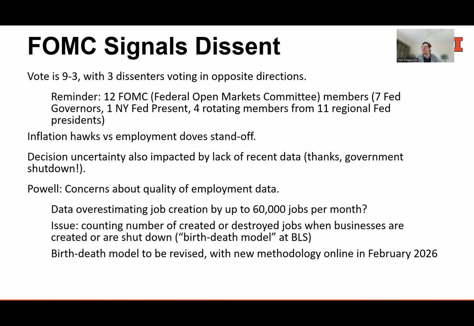That's essentially the concern. But as I said, Tuesday, December 16th is going to be a fun day for those of us watching those numbers. The October and November employment data are going to be released. The inflation numbers are going to be released pretty quickly too. So we'll get more data and we can get a sense of where the economy is.